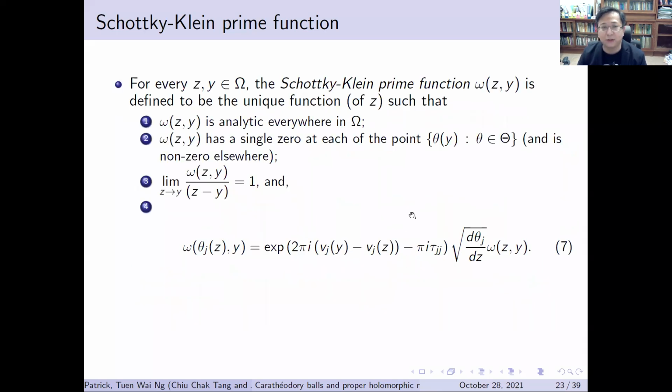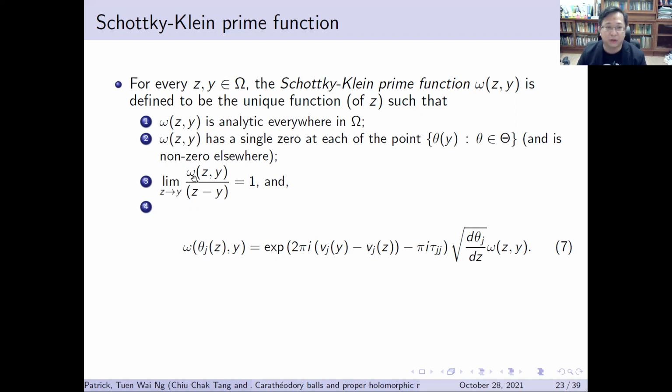Now, finally, I'm going to give the definition of a Schottky-Klein prime function. If you fix one of the variables, then it will be analytic everywhere in domain omega. And the zero set of it, if you fix a y and look at the orbit under this Schottky group, will be the zero set of omega.